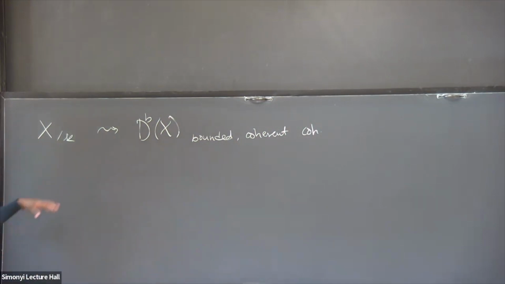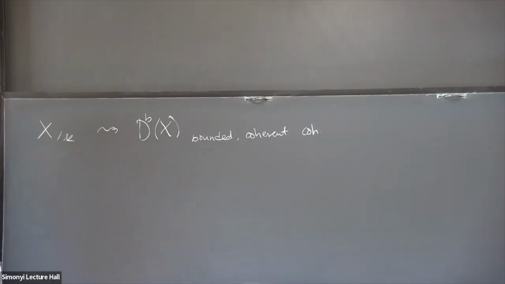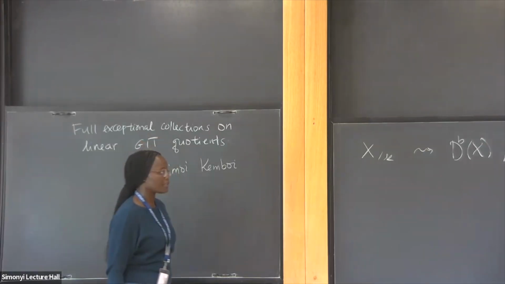I'm interested basically in the relationships between this algebraic object and the geometry of X. And in particular, I'm interested in the structure of a full exceptional collection.